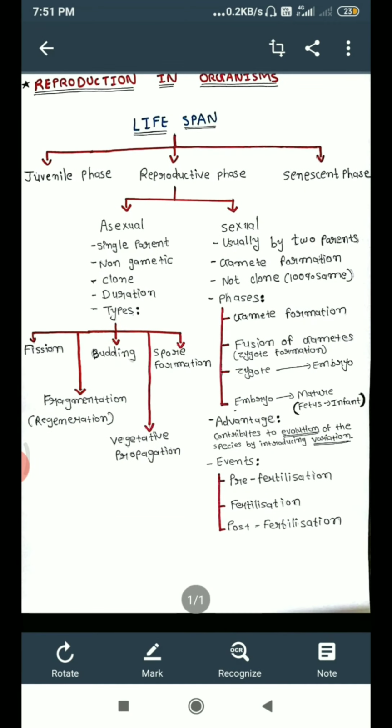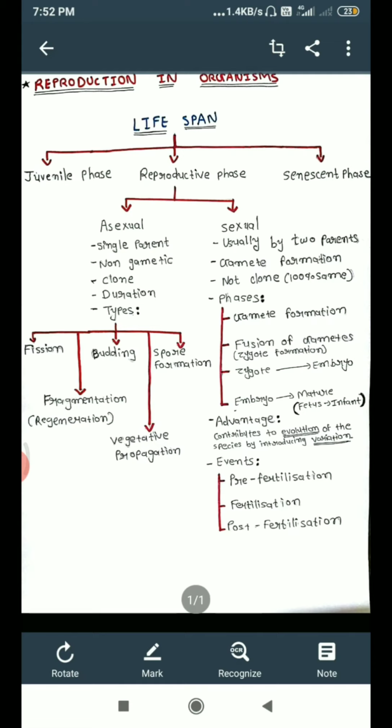Now, the advantage of sexual reproduction. You know that in sexual reproduction the chances of variations are more because 2 parents are involved, so it will help in the evolution process. That is very important. Now the last point, events in sexual reproduction: pre-fertilization events, fertilization events, post-fertilization events.